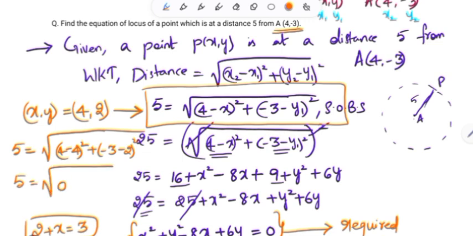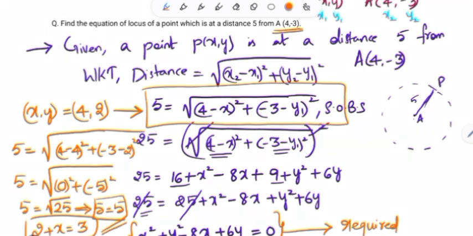Now, we have 5 equal to under root 4 minus 4 is 0 whole square plus -5 whole square. This will give you 5, 0 square is 0 only, 5 square is 25, under root 25 which means we have 5 equal to 5.